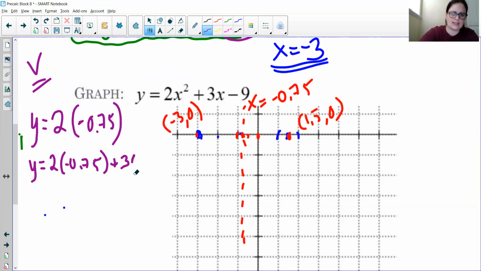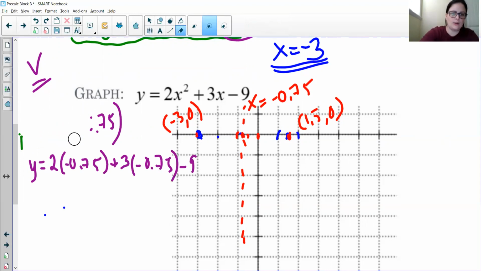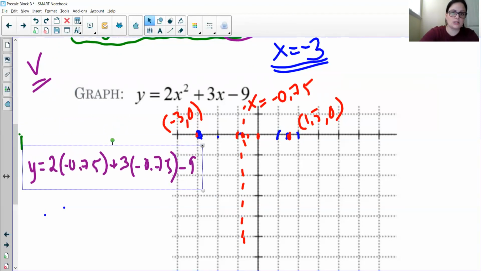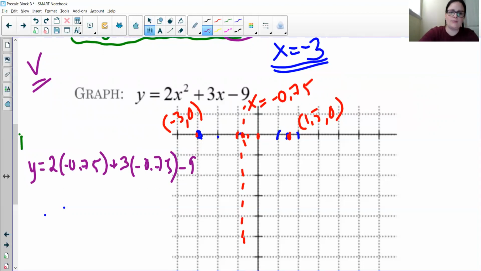So everywhere I see an x, I'm going to put a negative 0.75 in. I forgot to put the square here. Follow order of operations. So I have to square that negative 0.75 first, and then I need to add it.